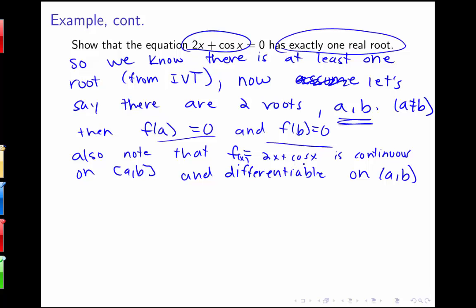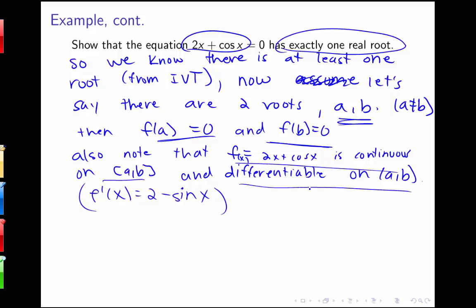Since it's just made up of this trig function and a polynomial, we know that f prime of x would be 2 minus sine x, and that function would be defined everywhere. So we have the three conditions of Rolle's theorem. We have our y values are equal to each other, we've got a continuous function on a closed interval, and we've got our function being differentiable on an open interval.